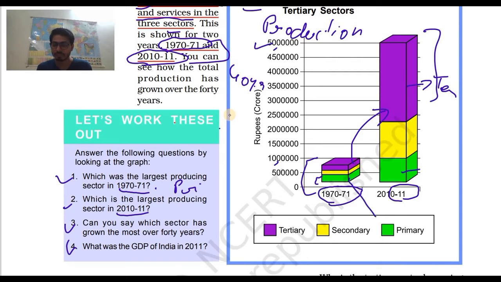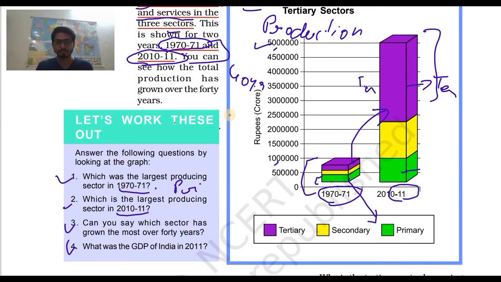The primary sector was contributing more. But later on, in 2010-11, who is contributing more? The answer is the tertiary sector. We need to understand why the tertiary sector is producing more. Production of goods and services is more in the tertiary sector.